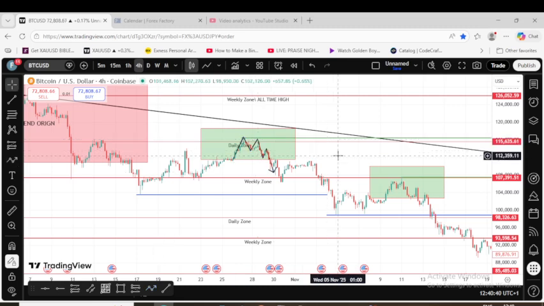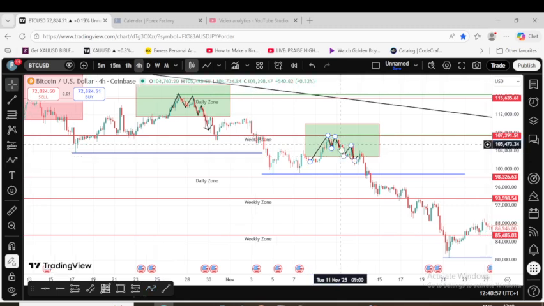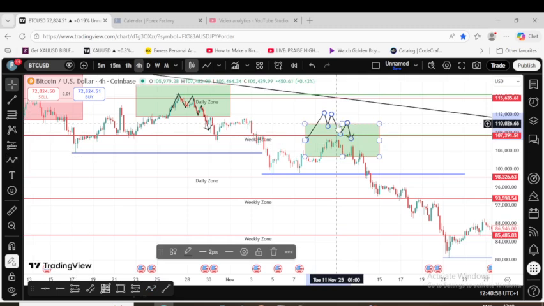So that's an M pattern here. Similarly here we have another M pattern like this. This M pattern even contains two bearish engulfing candlestick patterns. So it just contains one.